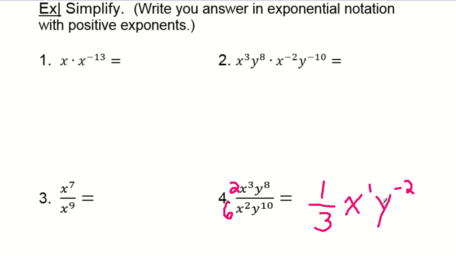So you could leave the x to the first in the numerator, with the 1 here, and then drop the y down to the denominator, with the 3. Alright, so your final answer would be x all over 3y to the second.